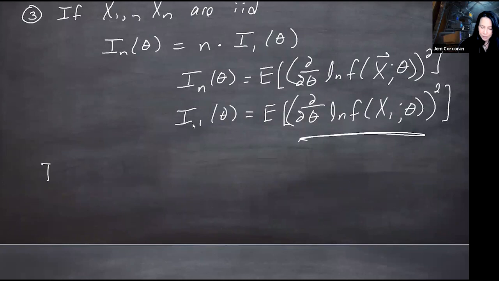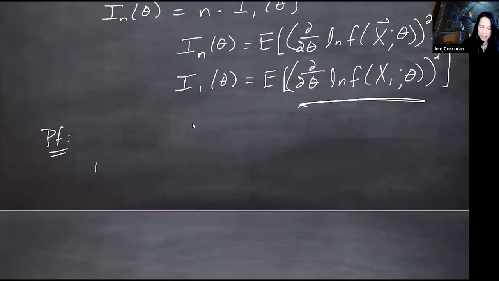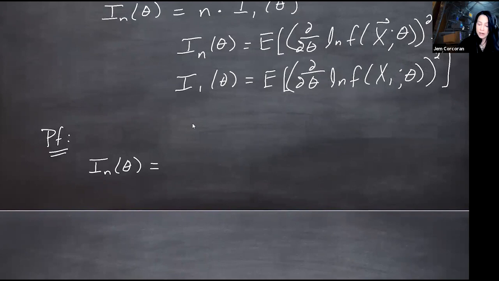I do want to take the time to prove this, even though I'm tempted to just jump to examples, because there's a couple of things to learn out of this proof. So let's look at the n-dimensional Fisher information. It is defined to be, oh, and by the way, sorry about this.